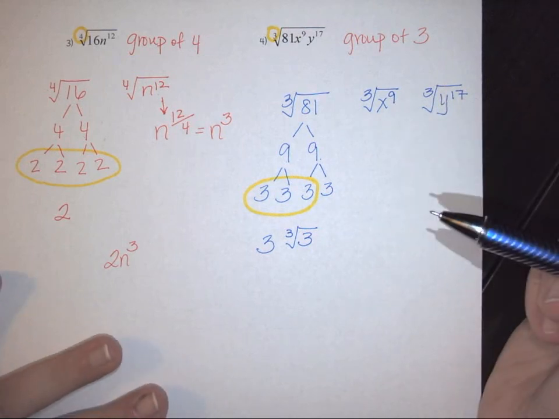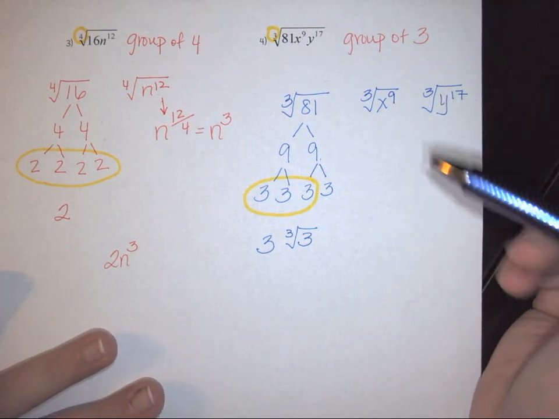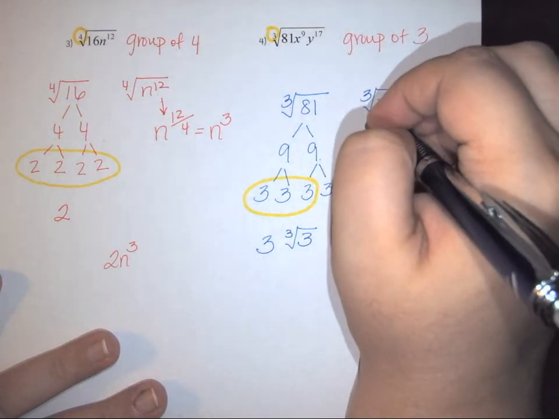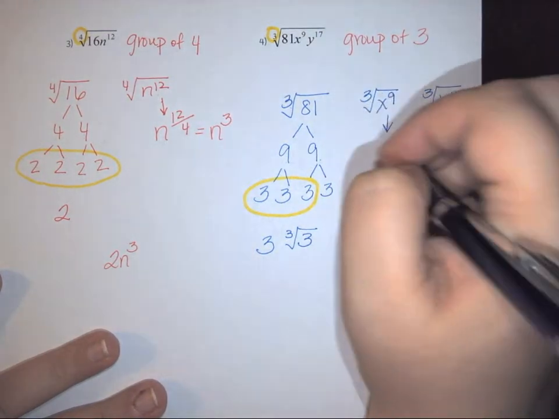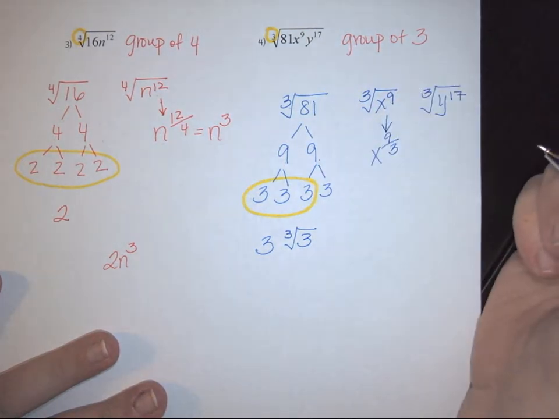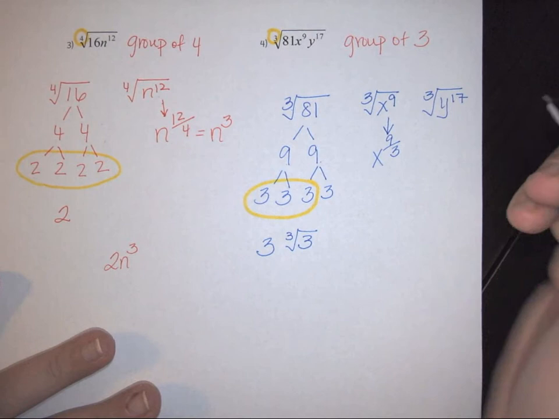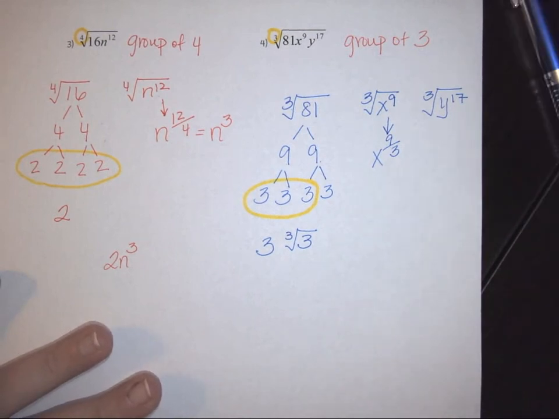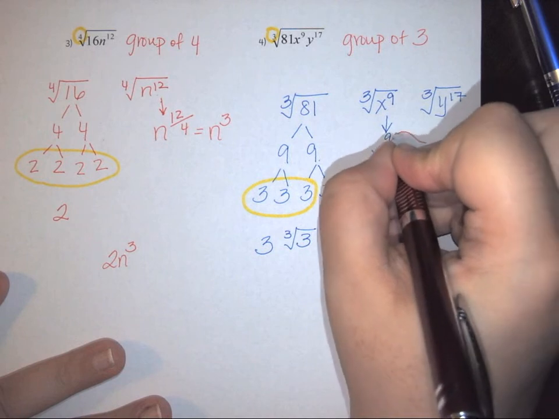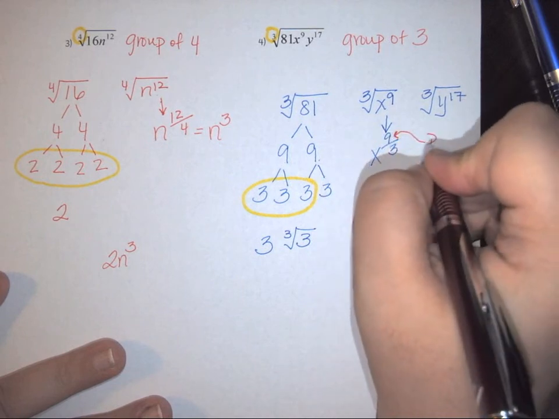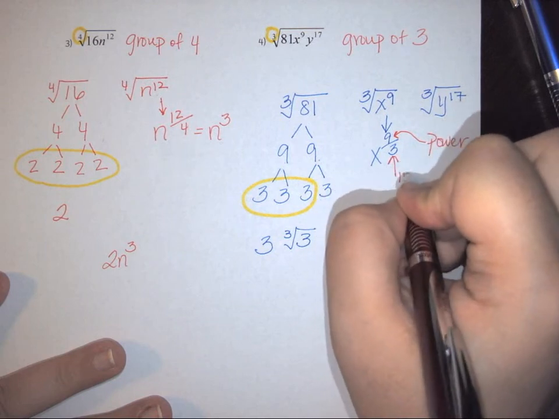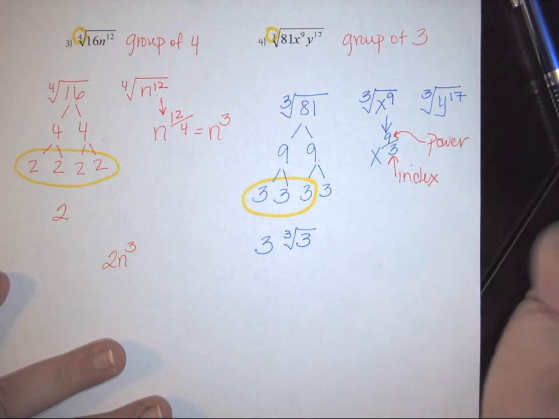I now need to break down x to the 9th. So again, I want to look at what is x to the 9 over 3. In case you didn't pick up on it the first time, this numerator here is going to be your power. Your denominator here is your index.